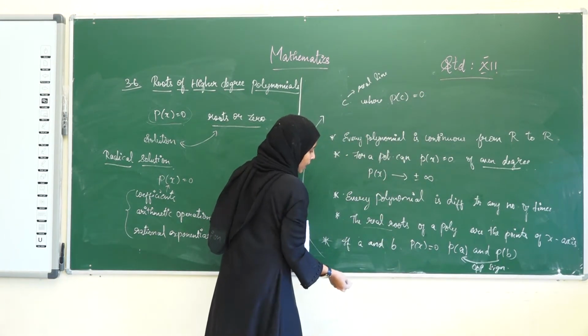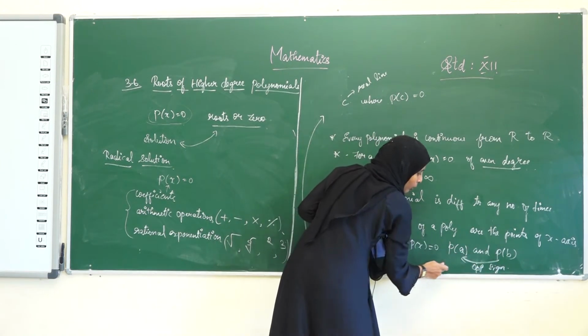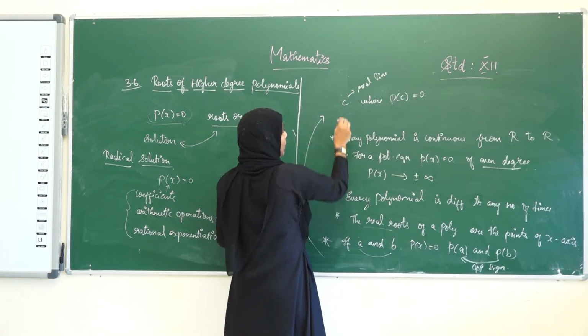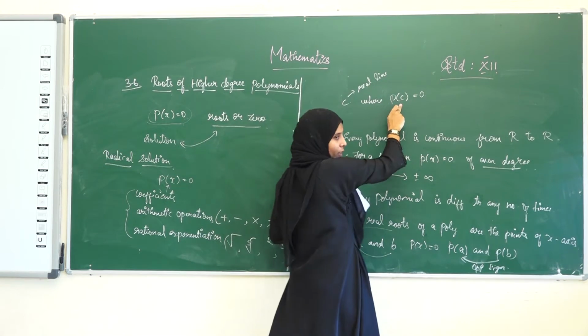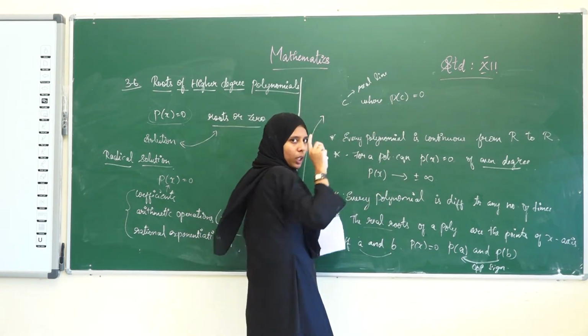That means there is a real number c on the real line where p of c equals 0. But the main thing to note is that there will not be only one such term.